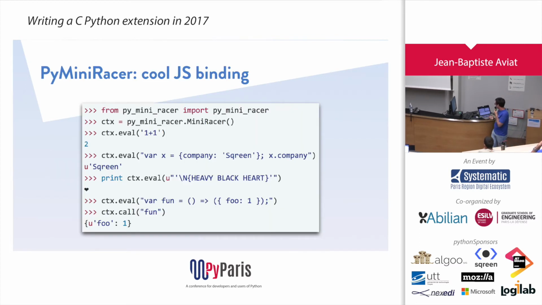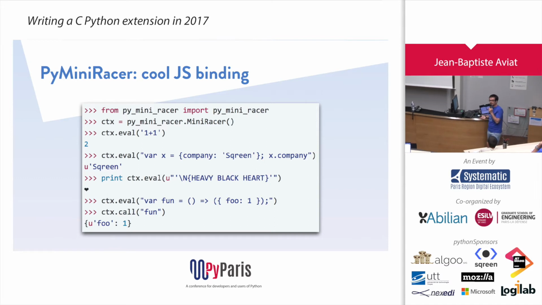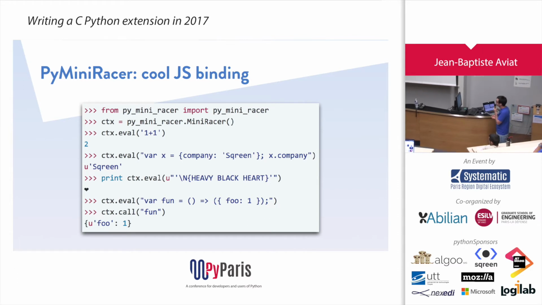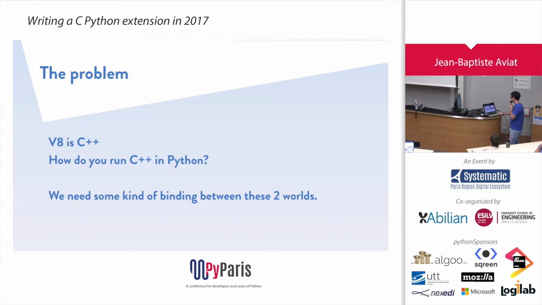So why did we need a Python extension? I'm going to start explaining that. The available choices you have as a Python developer, I'm also going to explain this. Then how you build and debug your extension if you need to debug it. And obviously how we ship it and how we make it available to our customers.